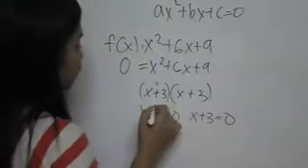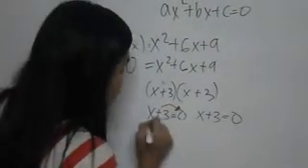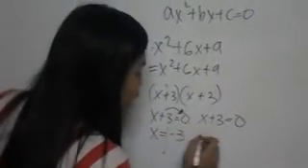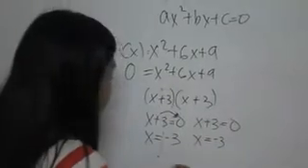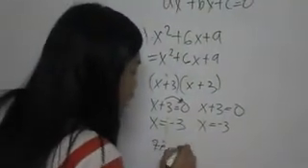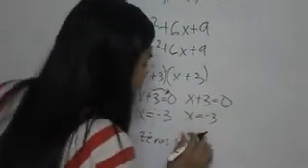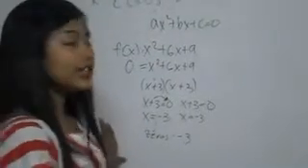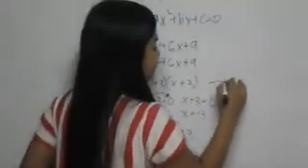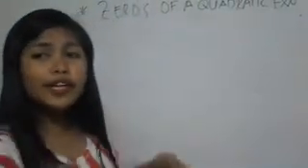I will transpose 3 to the other side, so x is negative 3. So the zero is negative 3. This is the example of factoring.